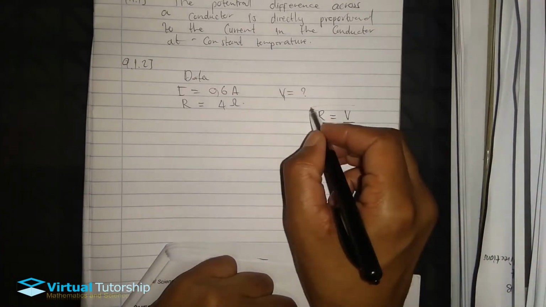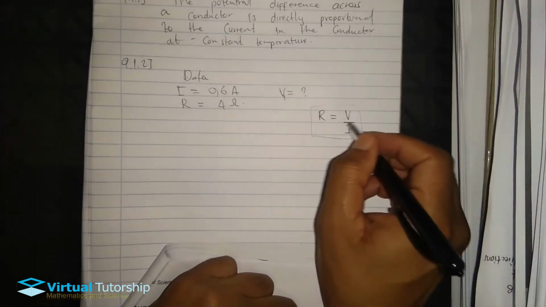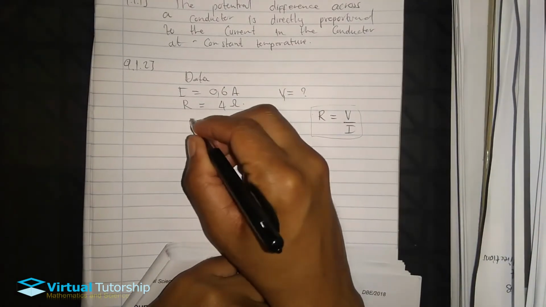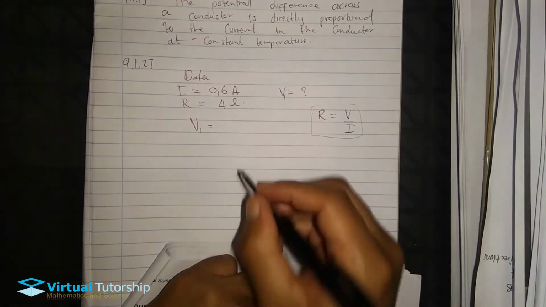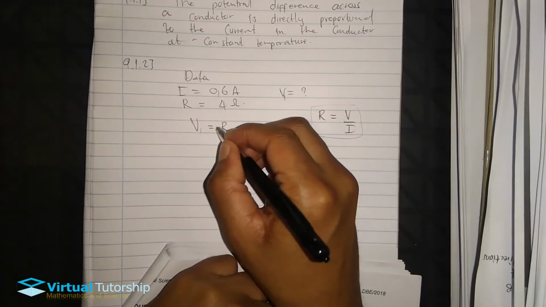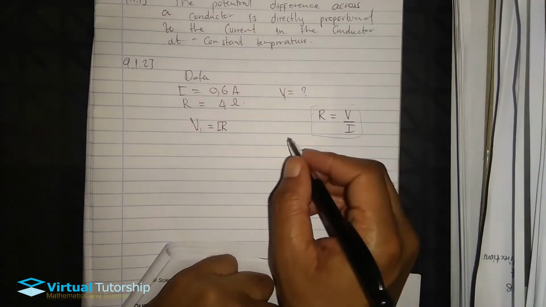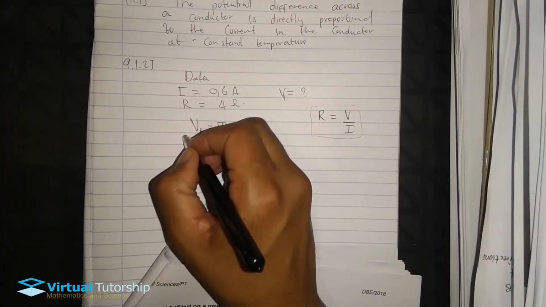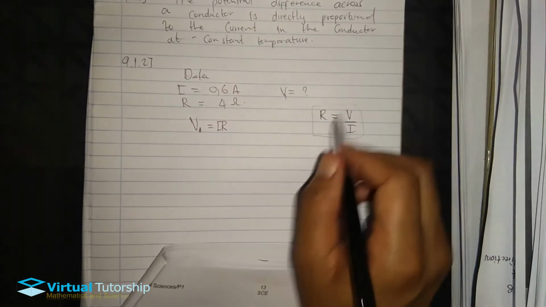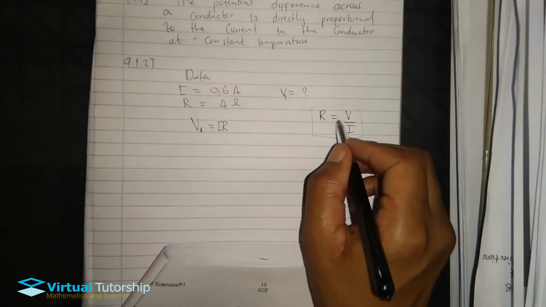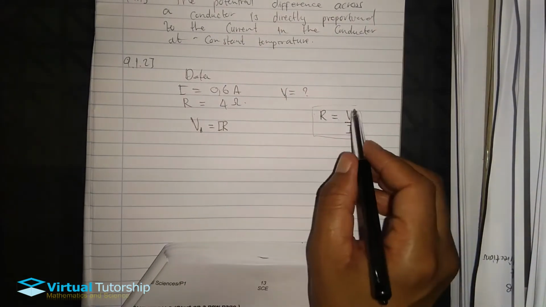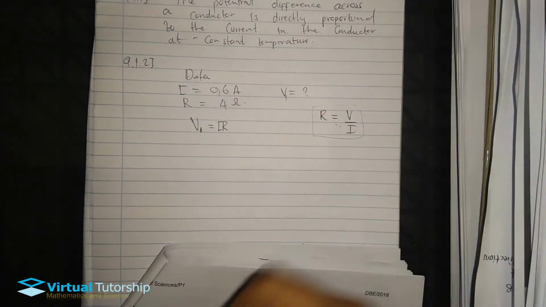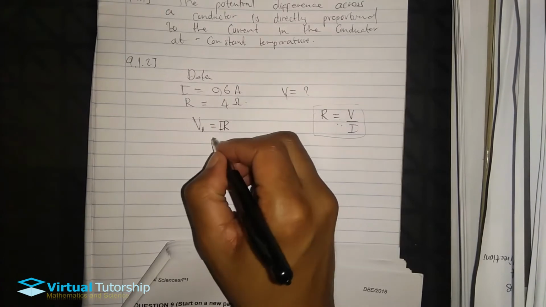So therefore, tinasfuna V. By cross multiplying and making V the subject of the formula, we get V equals I, current, times the resistance. So therefore, V1 can be calculated using this formula. Whether we substitute in this formula or this one, as long as uzoenza V the subject of the formula after substitution, in this case, uzotola the full mark.